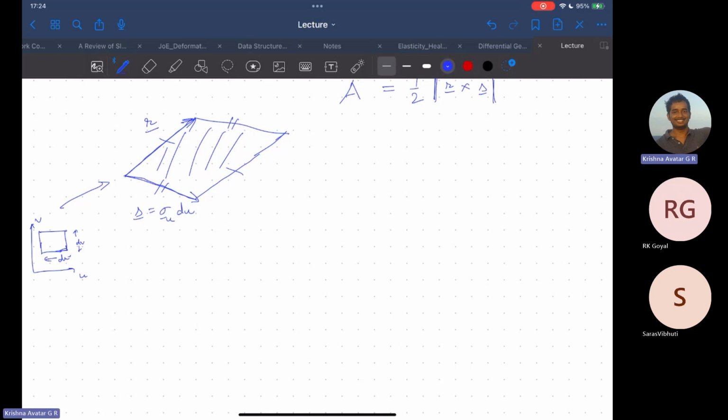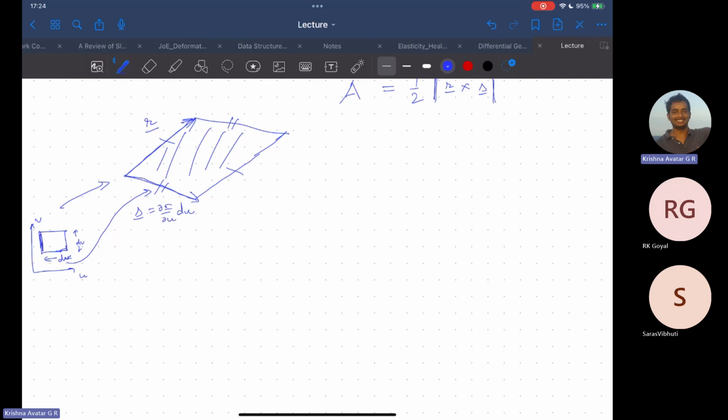After mapping, as we recall from the multivariate calculus ideas, this du gets mapped to sigma vector u du. Right, so it's just the partial sigma by partial u.